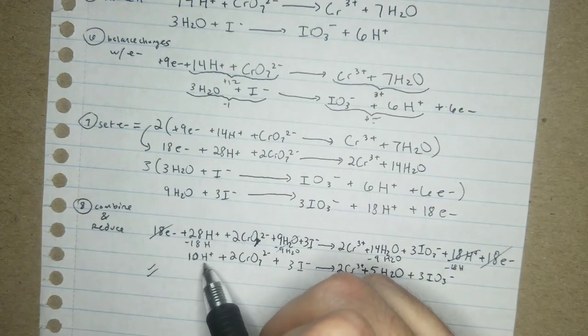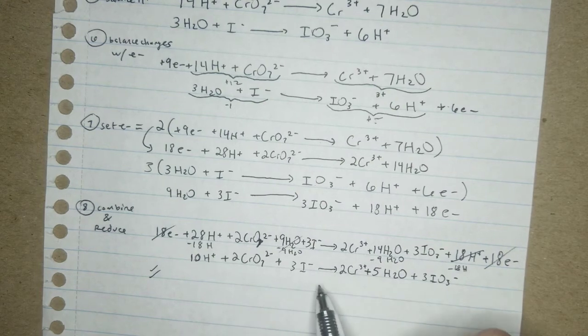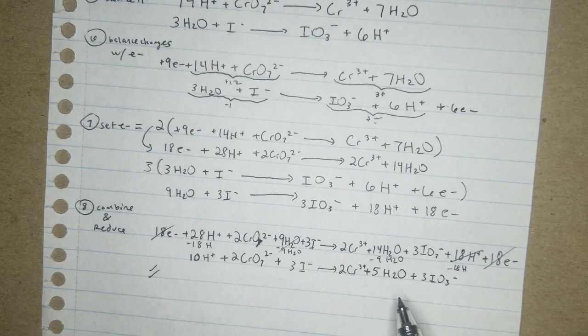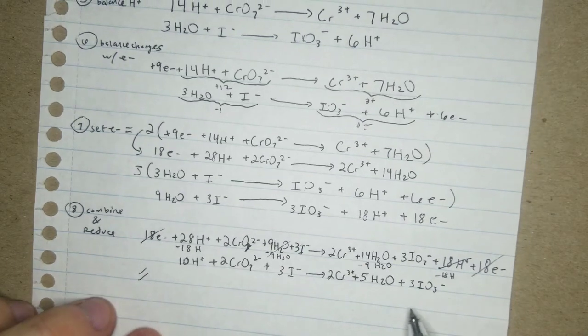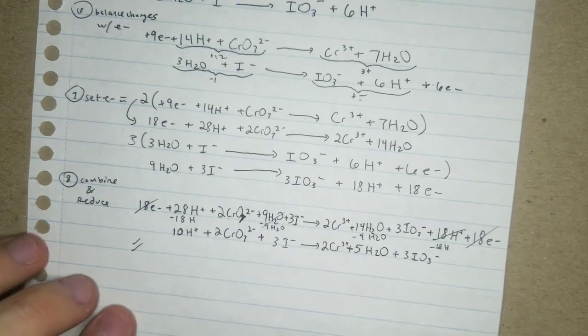Let's see here. So we have the 10 hydrogen, 2 CrO7, 3I minus, 2, 3 plus, 5 of these. Oh, and this is 3 minus, I'm sorry. So the 3 minus, wait, so that's 6 plus 6, 3 minus, yeah. No, it's not going to work in this particular problem because of the way I set it up.